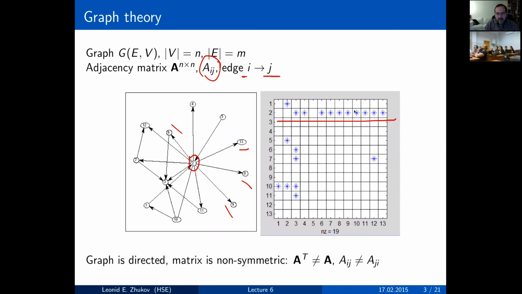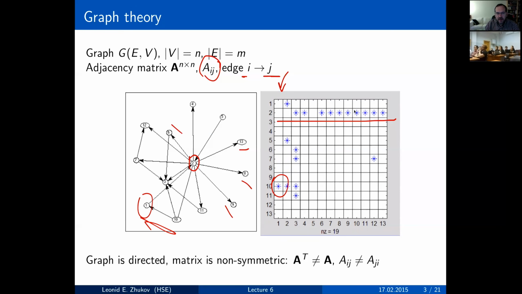At the same time, if we want to look at the edges or links that are coming into a particular node, that will be in the columns. So, for example, if I look at the column number 1, there is only one non-zero element. It's right here, and so there is only one incoming edge for the node number 1. Here it is. It is from the node number 10.